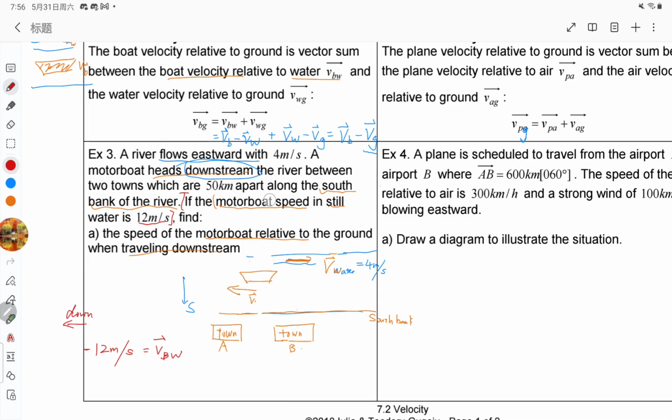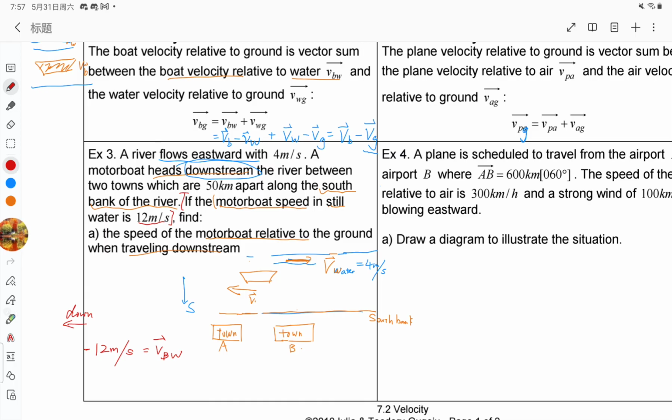Yeah, because the boat speed in still water, so relative to the still water. Okay, I'll just write down the definition like this. So our boat velocity relative to water is negative 12 meters per second, right?